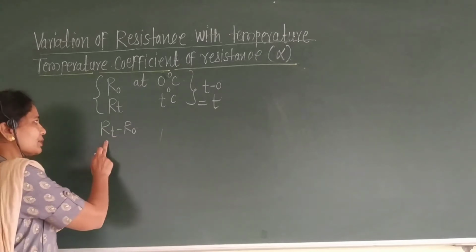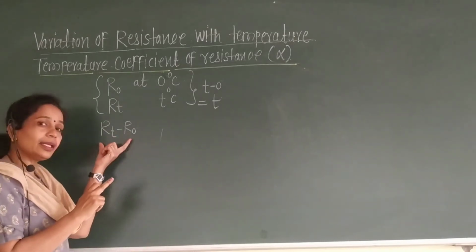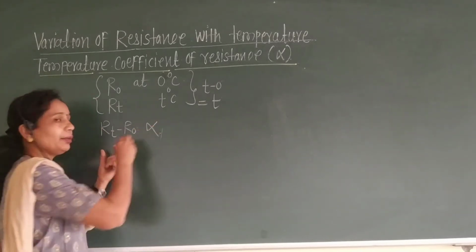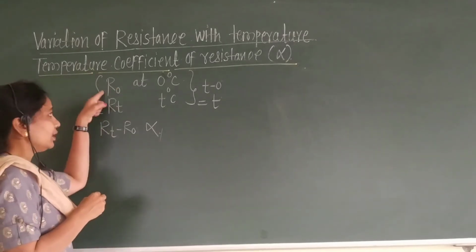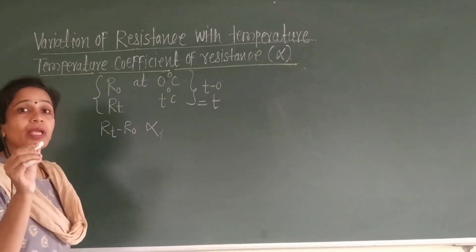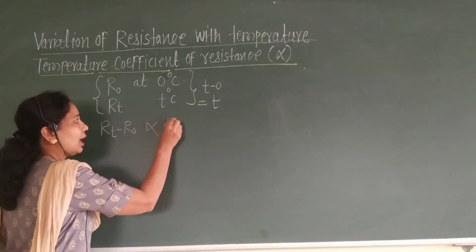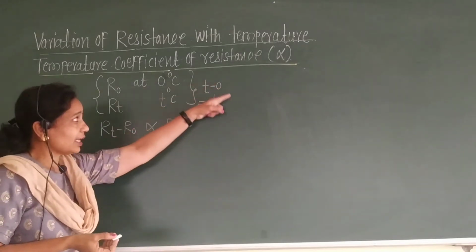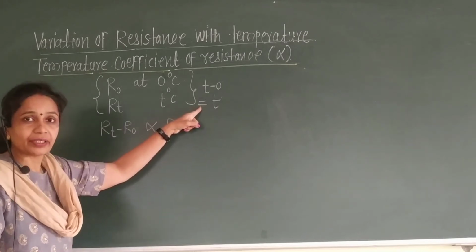Therefore, experimentally, it is found that increase in resistance is directly proportional to the original resistance of that material. Original resistance is here R0, and also it is directly proportional to the rise in temperature.